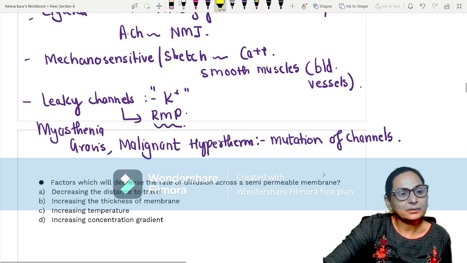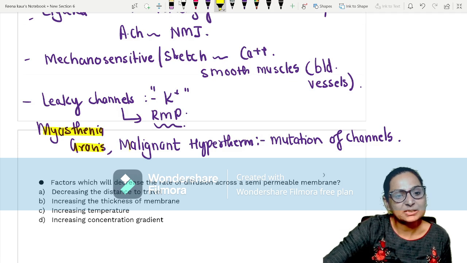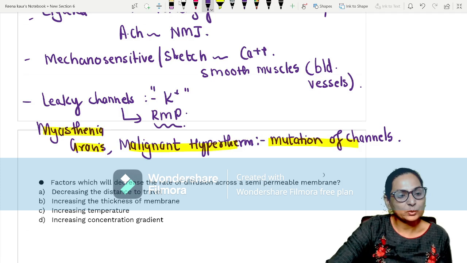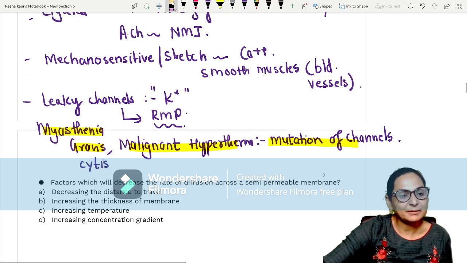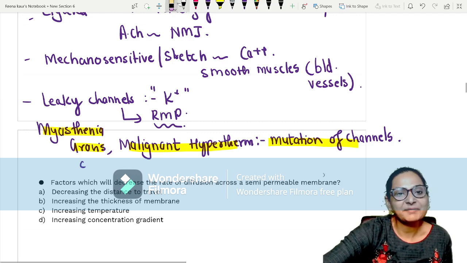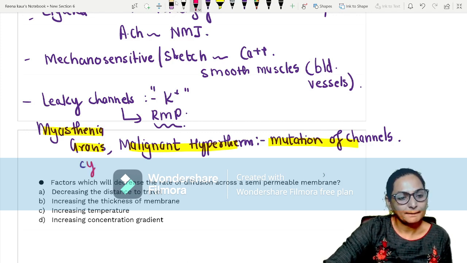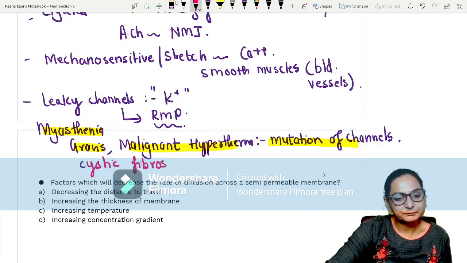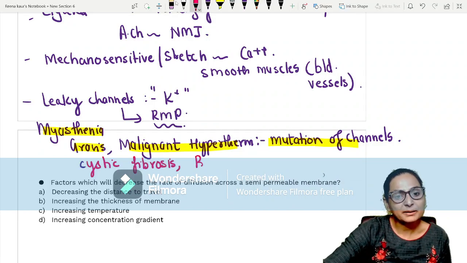Similarly, have you ever heard of cystic fibrosis or Bartter syndrome? This also we will do. In GIT it will come. Cystic fibrosis. Then Bartter syndrome.